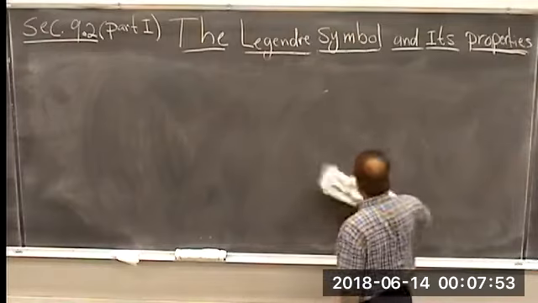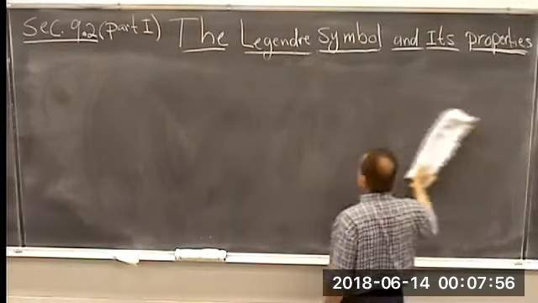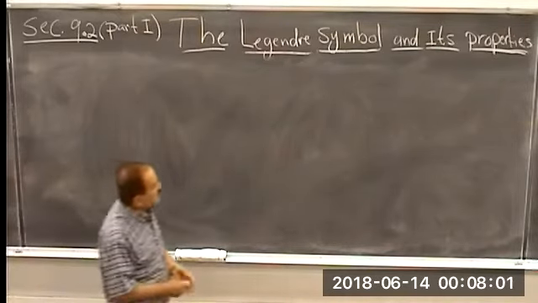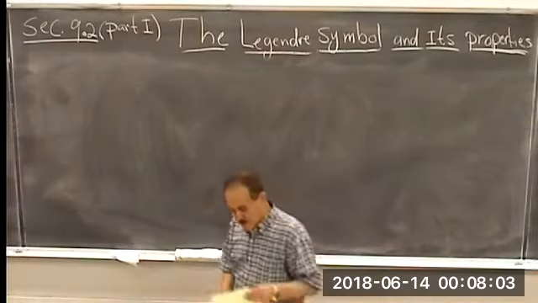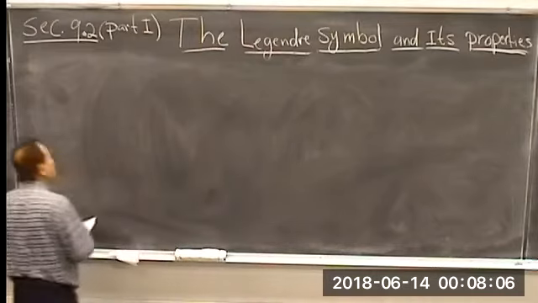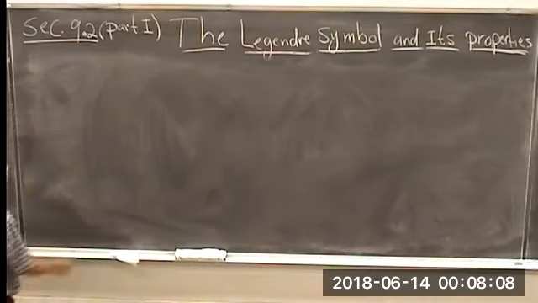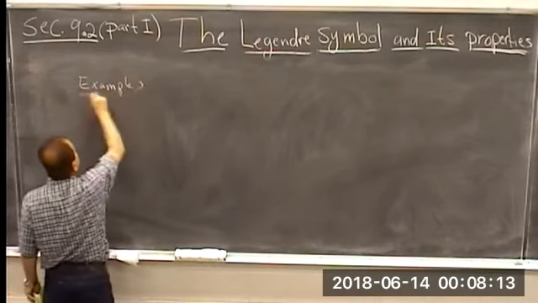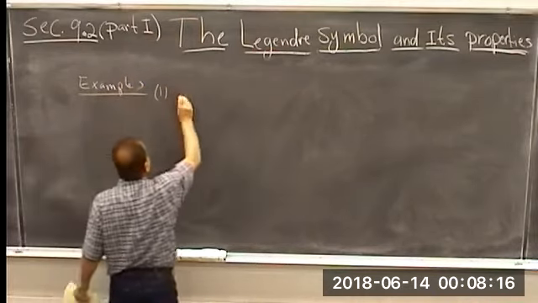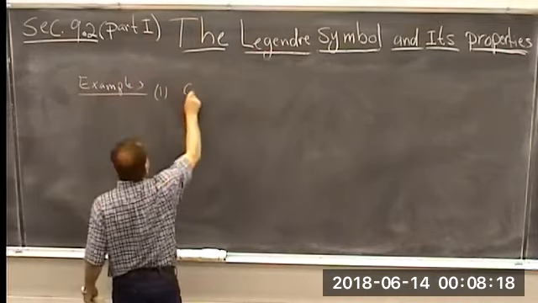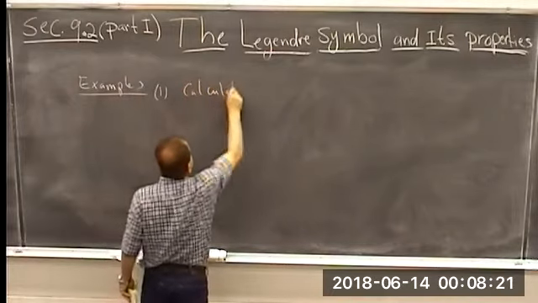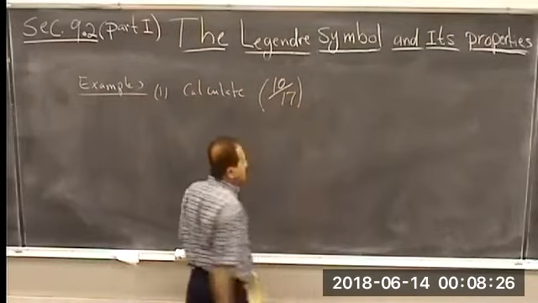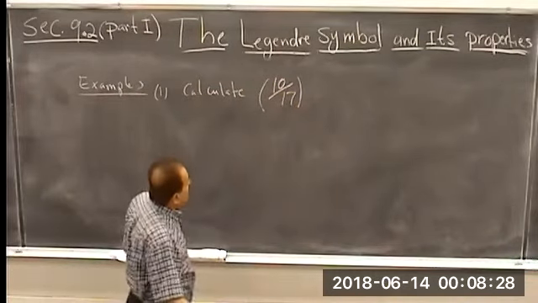Using the properties. Of course, you can always use Euler's criterion, but we're going to see that it's not practical when the prime p becomes very big. All right, so here's a couple of examples. First one, we're going to calculate the Legendre symbol of 10 over 17.